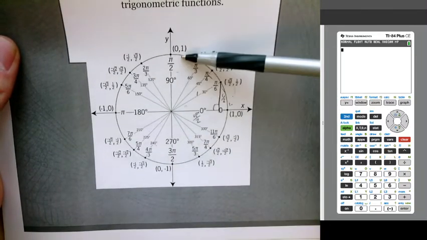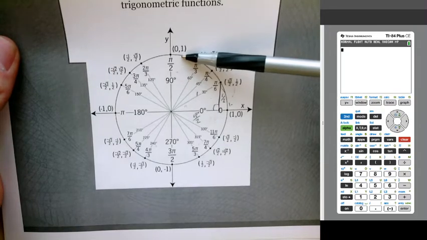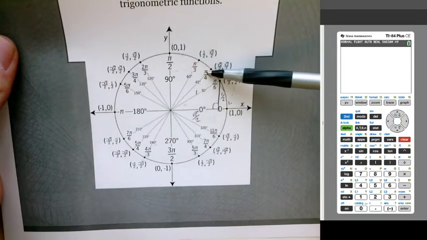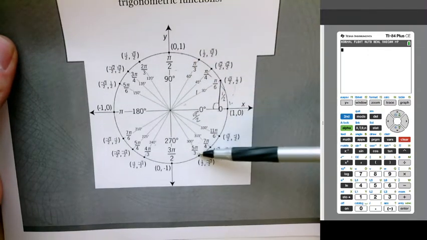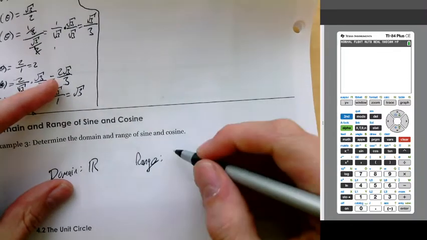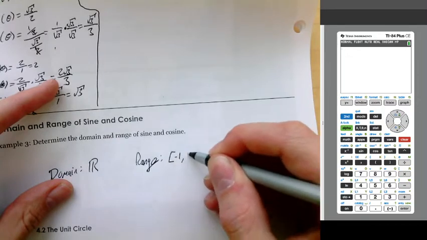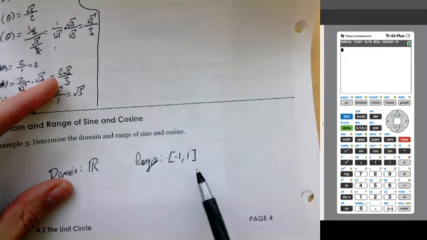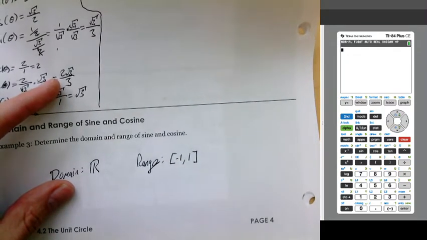Similarly, the farthest up we can go is positive 1. And we can go all the way around the circle and get any number in between. So the range for sine is going to be negative 1 to 1, and we're going to use brackets because we want to include the negative 1 and the 1.